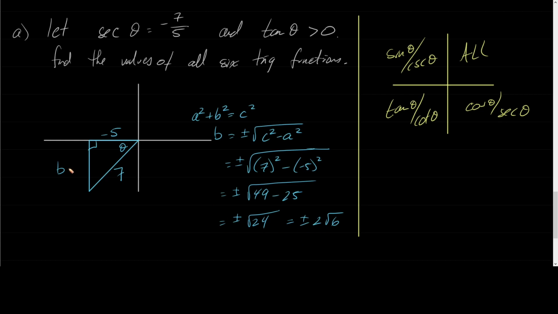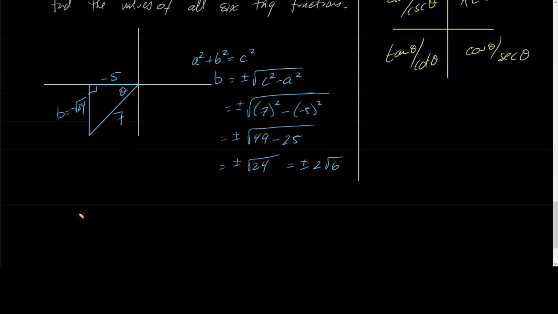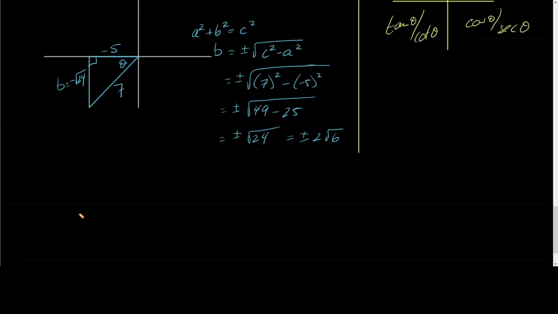So b is equal to -2 radical 6. I think I said it wrong before. That's what I meant. Either way, now we can go ahead and figure out all the 6 trig function values.